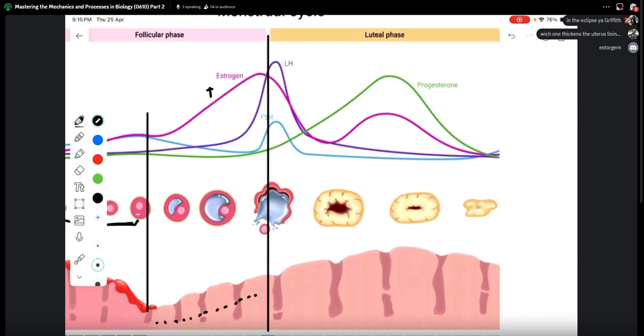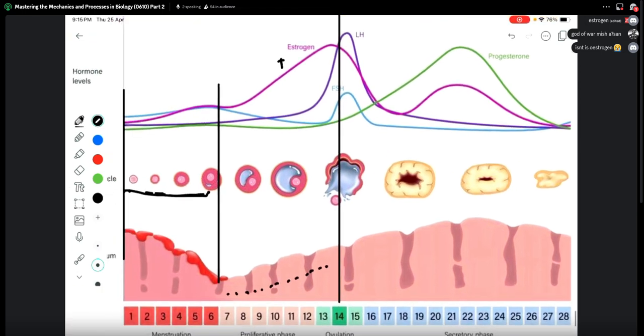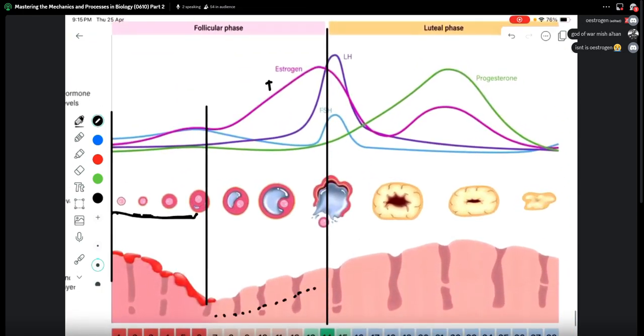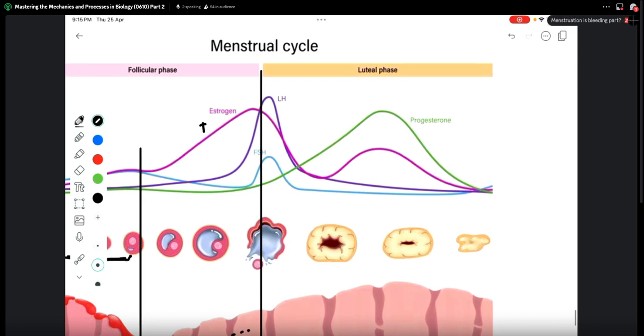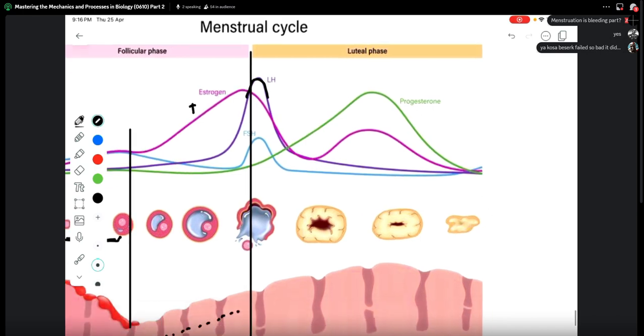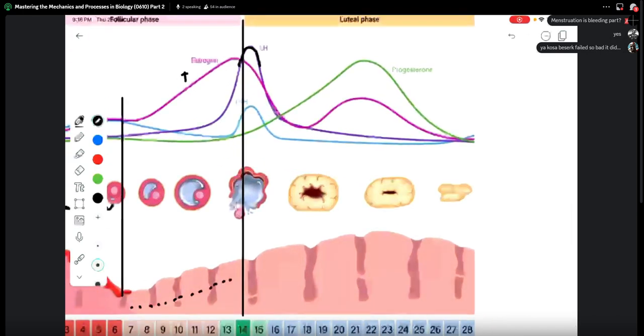So it's always the ovary that releases the ovum. Please be careful. Estrogen is the one that thickens the uterus lining in the beginning of this menstrual cycle. You can see LH peaks. So you know that LH is the one that allows ovulation to occur.